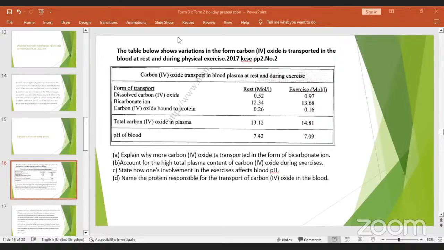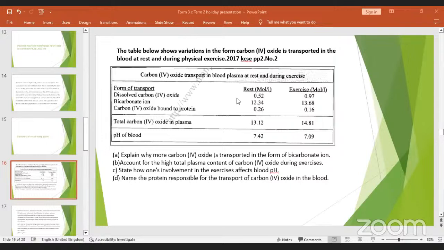Collins, Kibadi. What about hemoglobin? What is the answer, Kibadi? It's hemoglobin. Yes, hemoglobin.